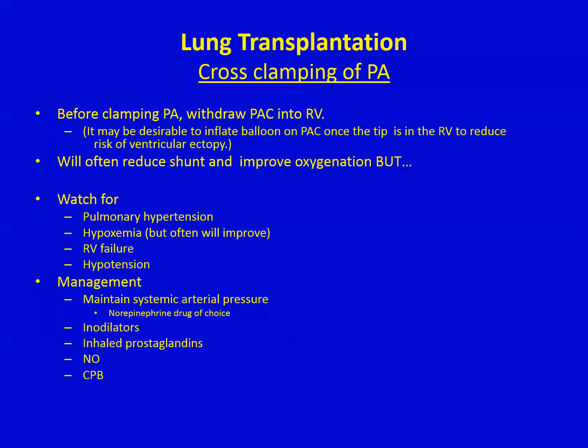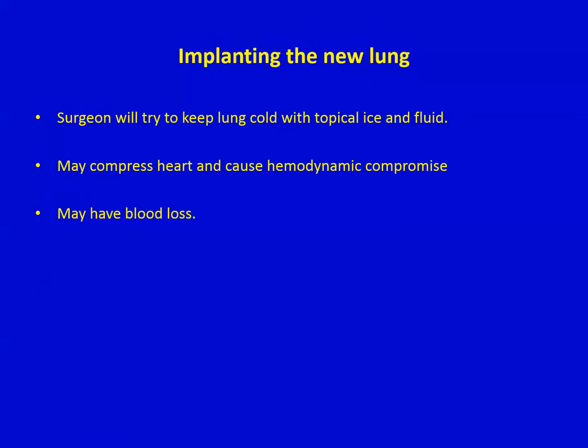Clamping may reduce the shunt and improve oxygenation, but may result in severe pulmonary hypertension, right ventricular failure, and systemic hypotension. I have outlined some of the management options in these patients if confronted by pulmonary hypertension, systemic hypotension, or hypoxia at this time.